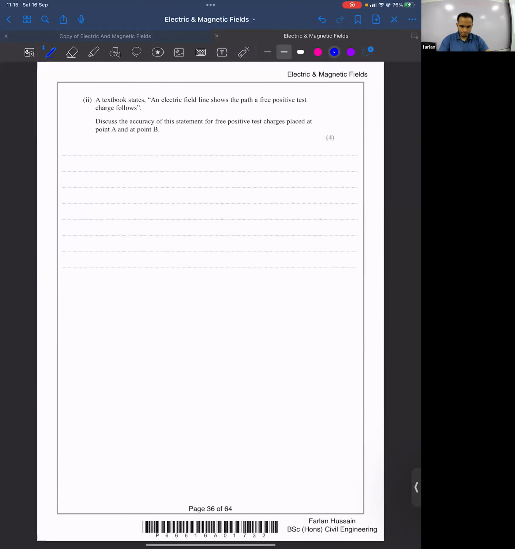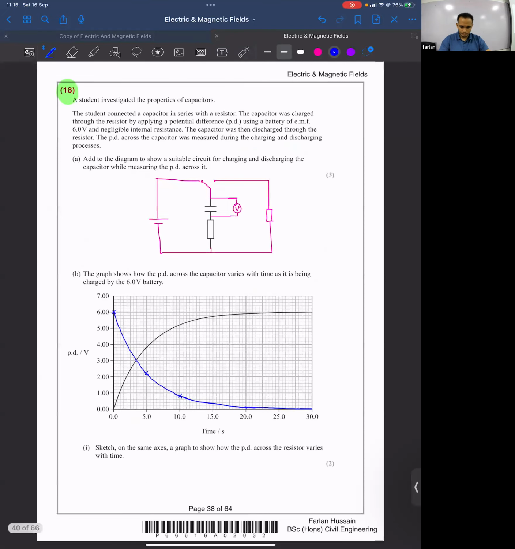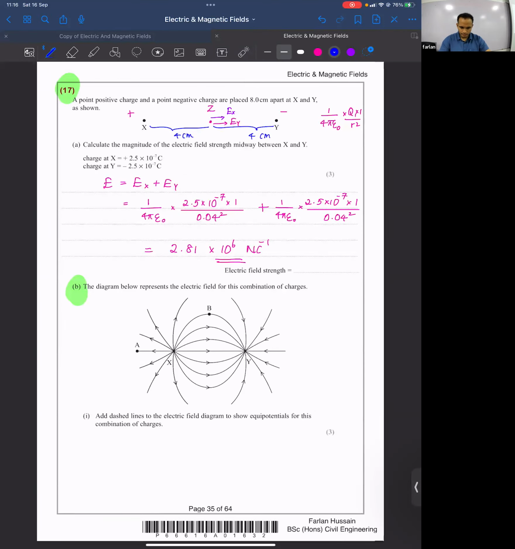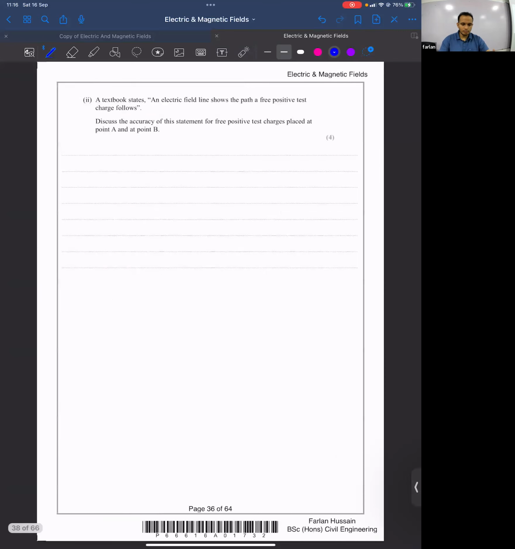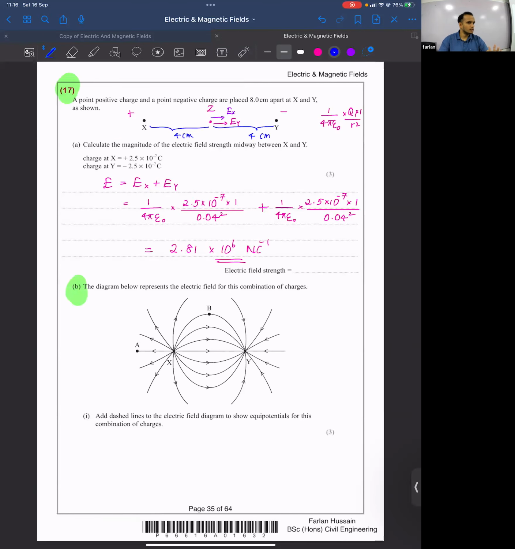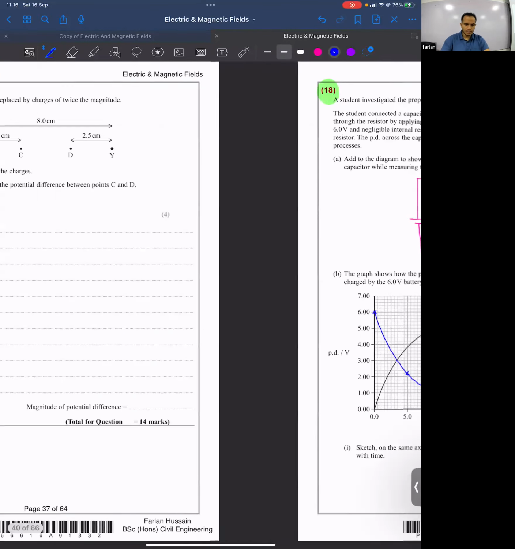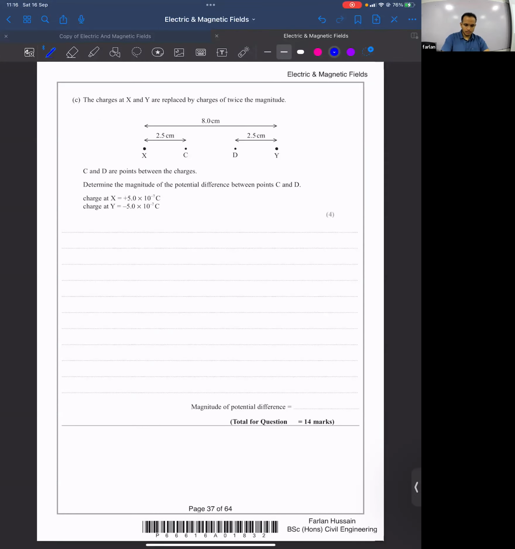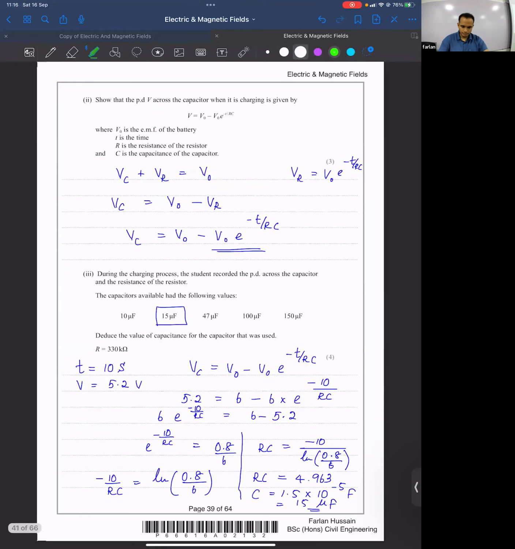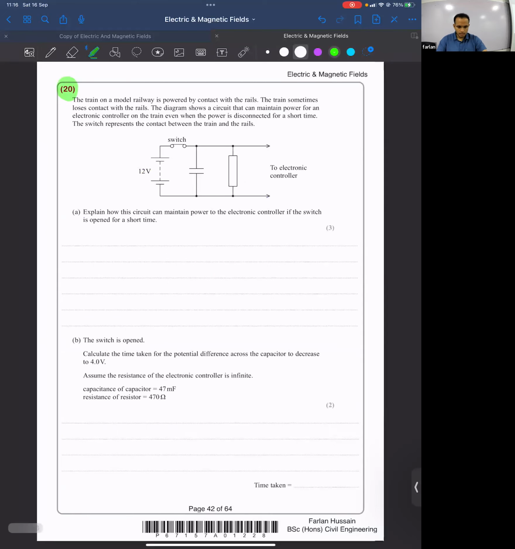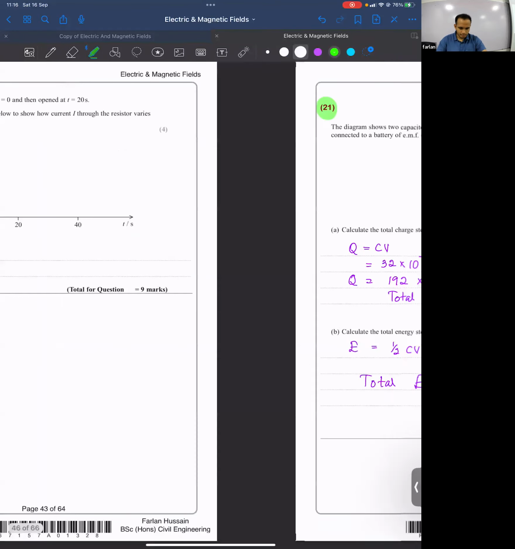Guys, then question number 17 part B, I have already asked you to do for homework, but we haven't discussed it in the class. So we will do that. If you haven't done it, complete it. 17 part B and C. And the 20th one we have to discuss.